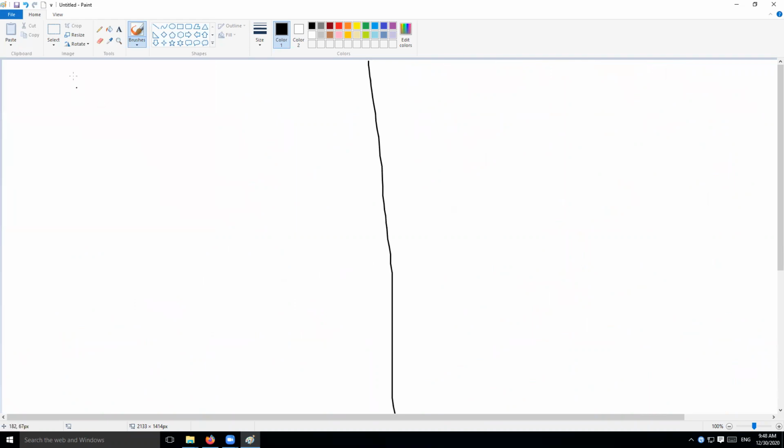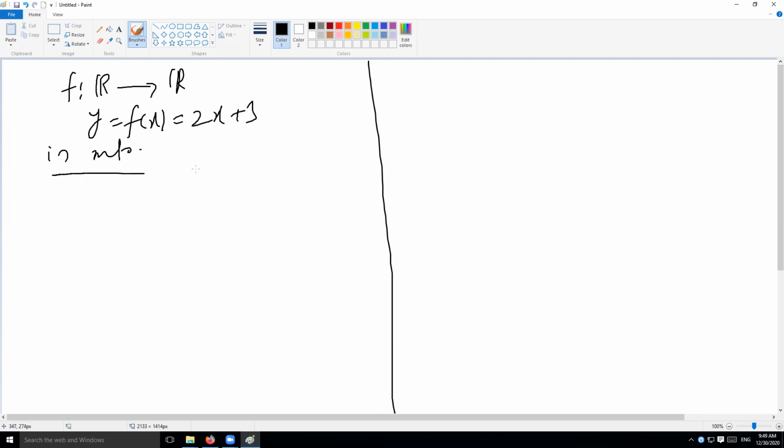So let's now prove that a function from R to R, defined by f of x equal to 2x plus 3, is onto.